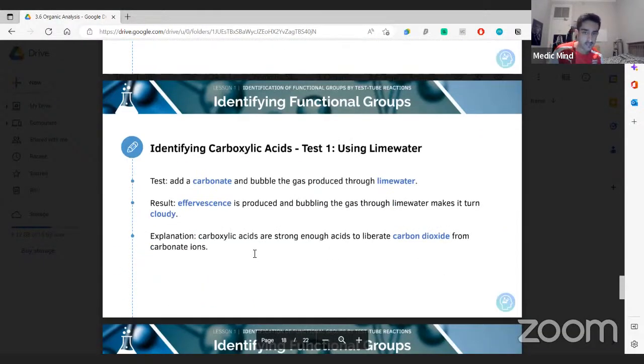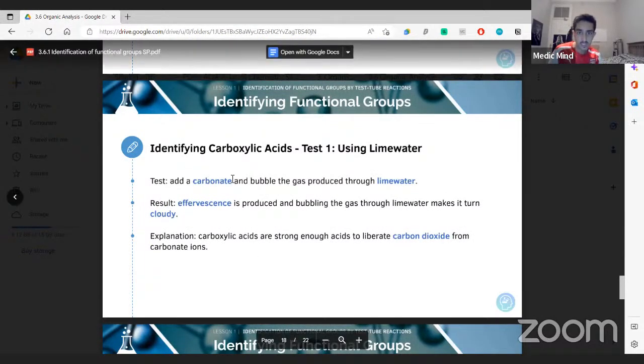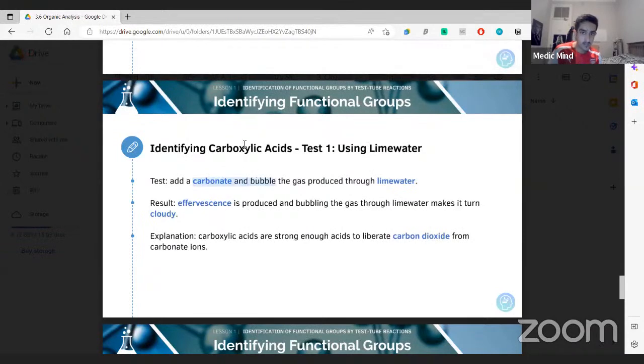Carbonate test is using lime water. So you add a carbonate to a carboxylic acid and bubble any gas produced through lime water. The reason is because carboxylic acids are acids, which means that with any carbonate, they will produce a salt, water, and carbon dioxide.